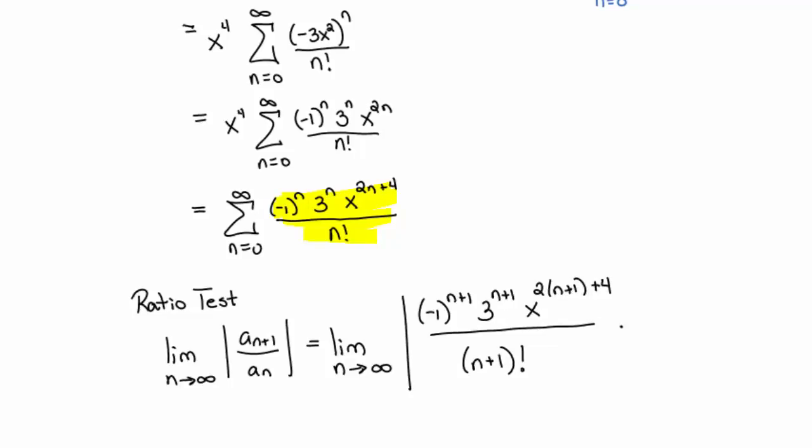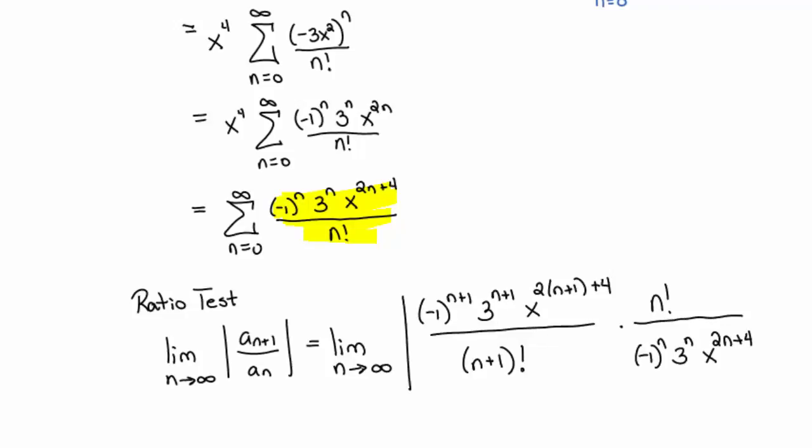We're going to multiply that by the reciprocal of a sub n, which is just the reciprocal of the given function. So that's multiplied by n factorial over negative 1 to the nth, 3 to the nth, and finally x to the 2n plus 4.